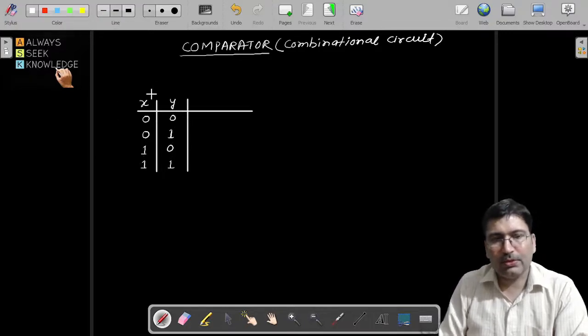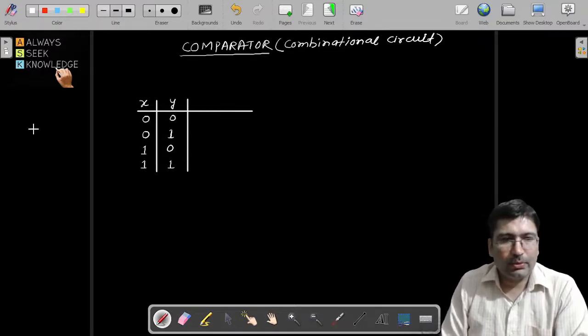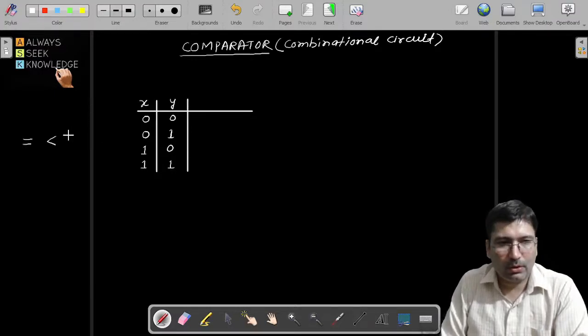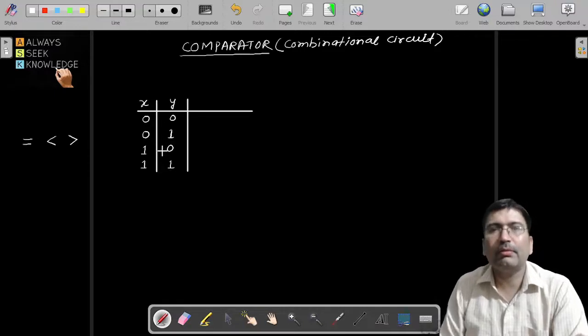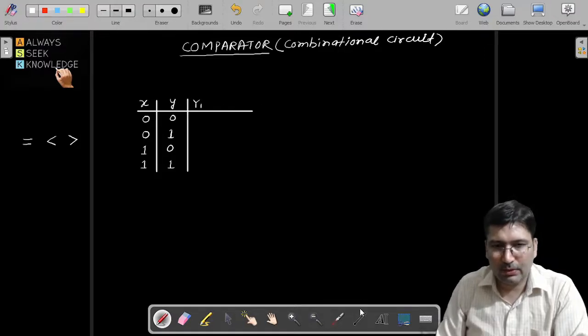Now, if we compare these two numbers, generally the comparator can give you three possible results. The numbers may be equal, or one number may have a lesser value than the other, or one number may have a greater value than the other. So there are three functions finally we are going to generate.